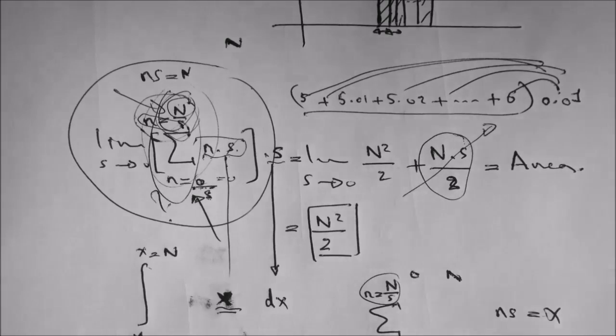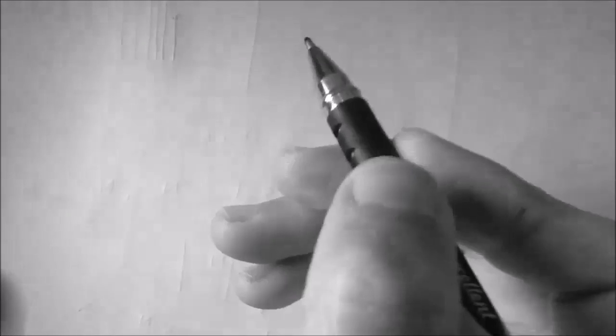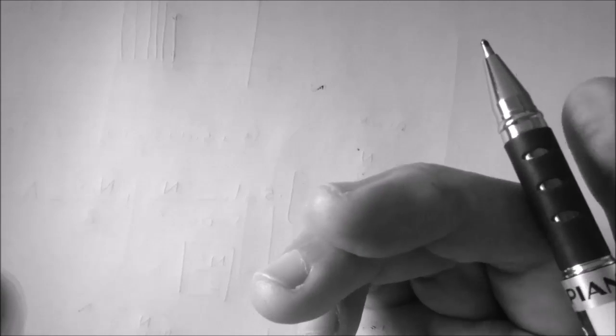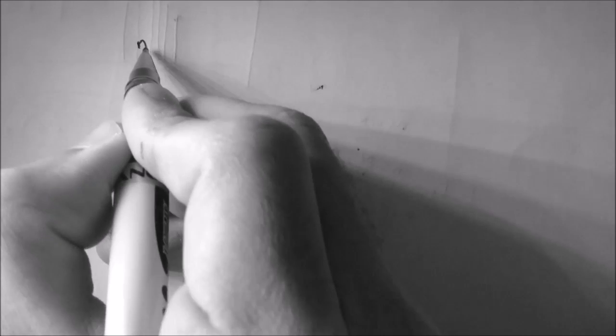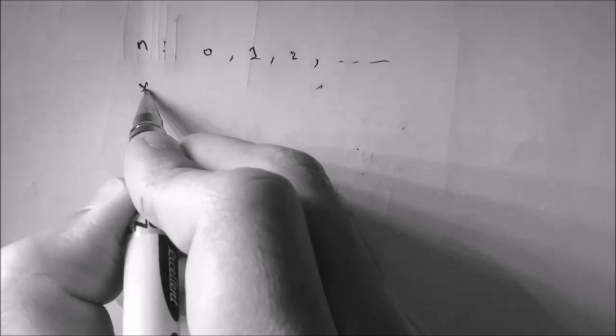Now, how did n times s become x? Here we need to define the relation between a continuous variable and a discrete variable. What's the difference between n and x? n is a discrete variable, it takes values 0, 1, 2, and so on, while x is a continuous variable.